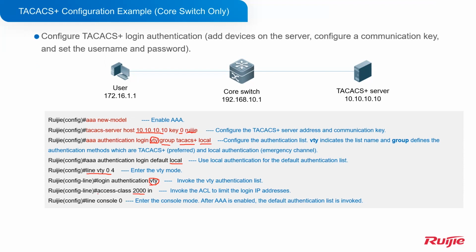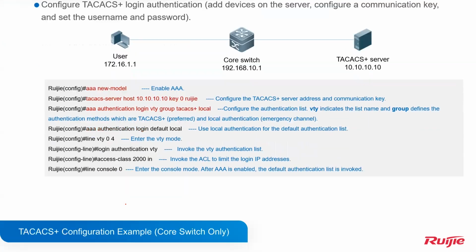In this way, we can ensure that only the IP address 172.16.101 can access. line console 0, enter the console mode after AAA is enabled. The default authentication list is invoked here.